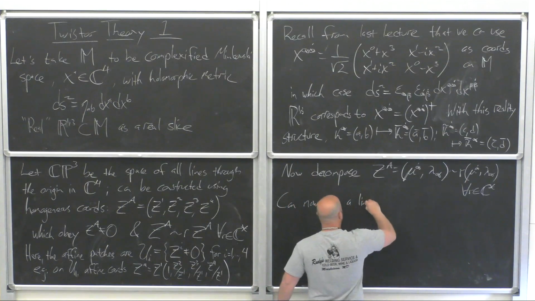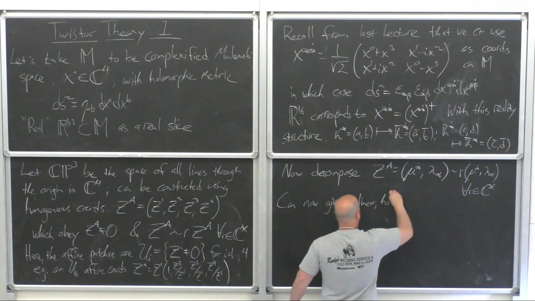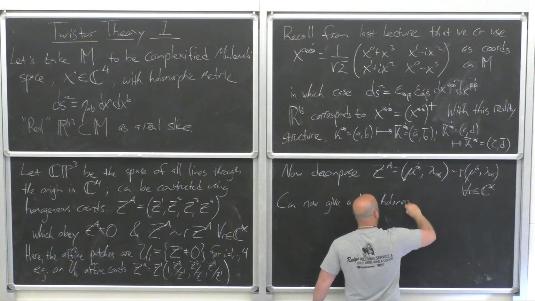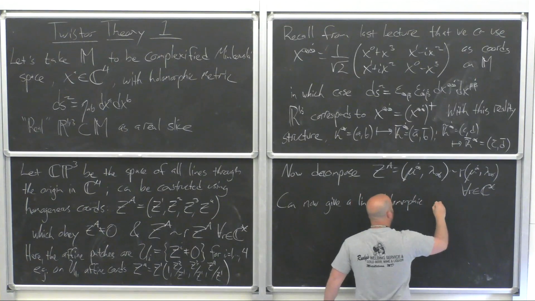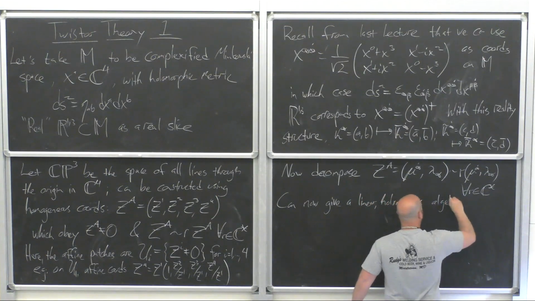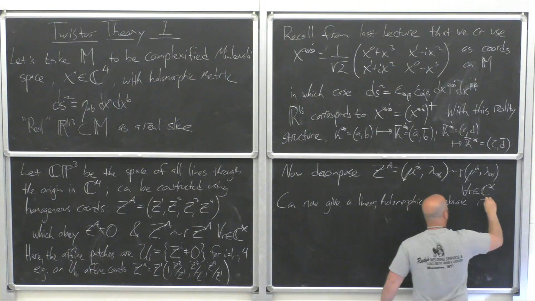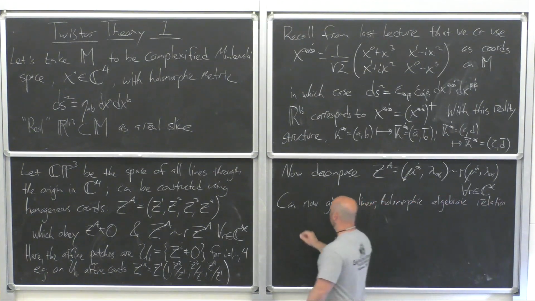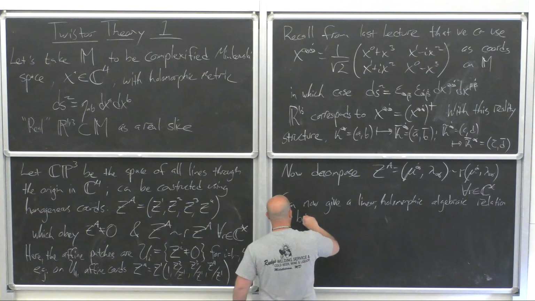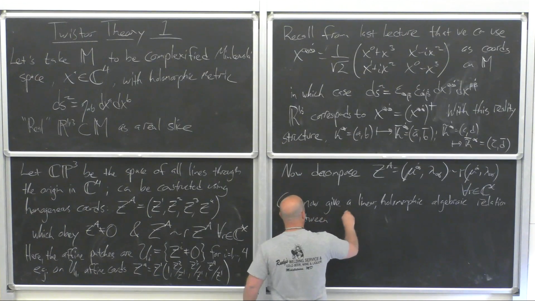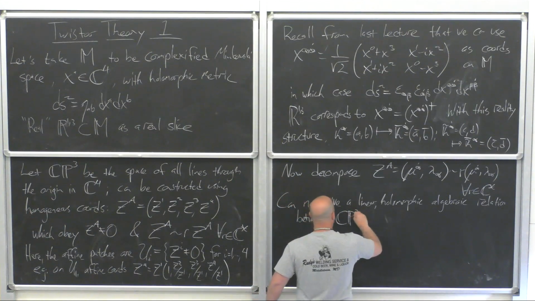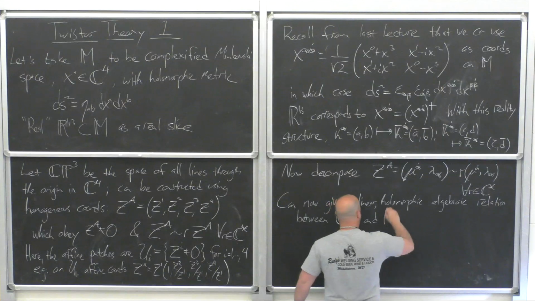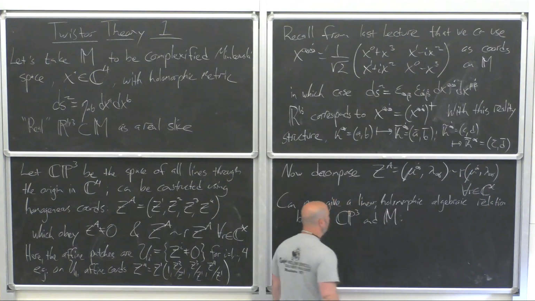So this is a linear holomorphic algebraic relation between CP3 and M. So what is this?